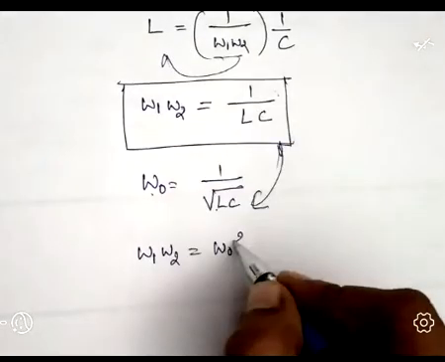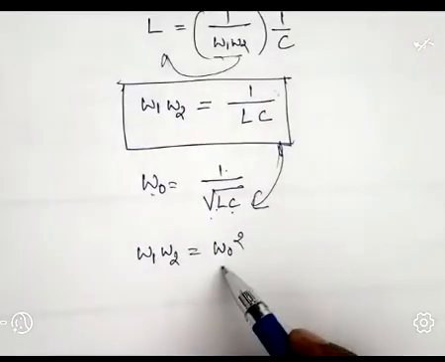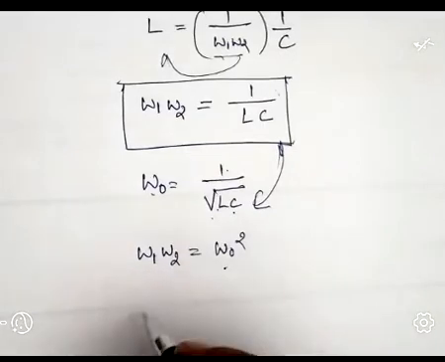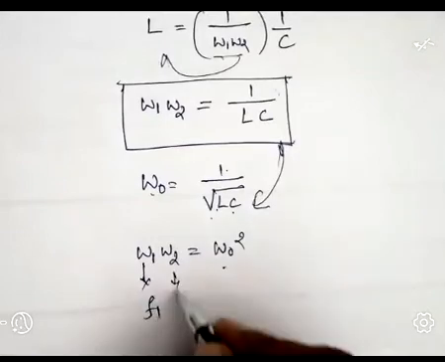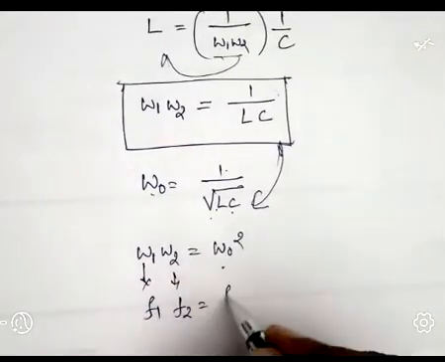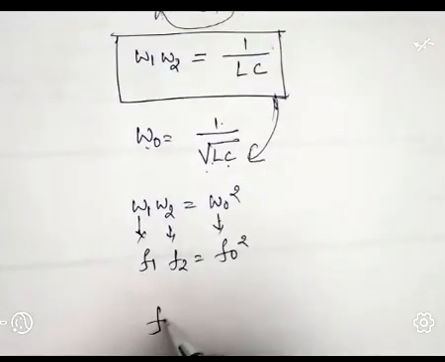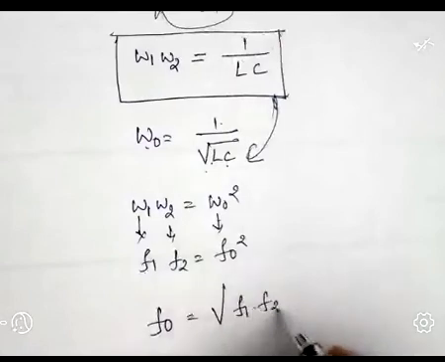If omega naught equal to 1 by square root of LC, then 1 by LC we can write as omega naught square. Is it clear? Hence, let us express these in terms of frequency components. This one I'm expressing as f1, f2. This is f naught square. Hence, f naught is equal to square root of f1 into f2.